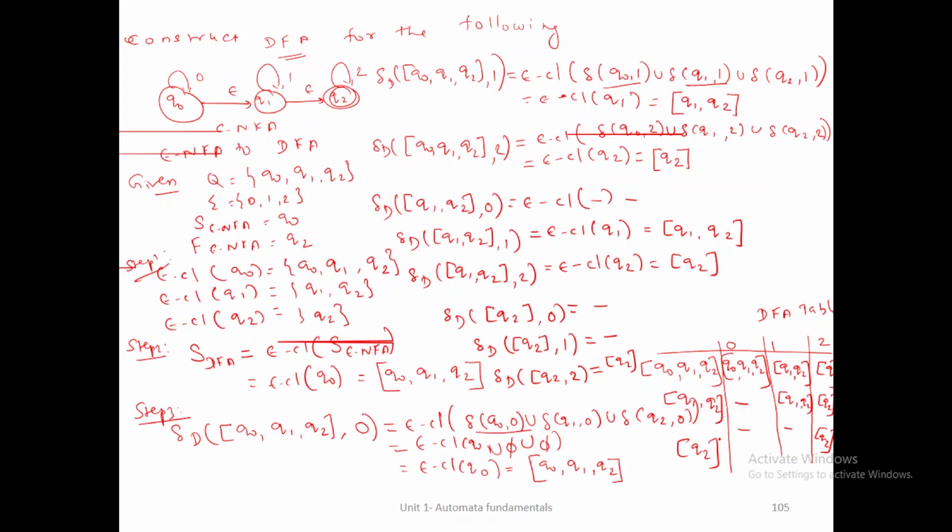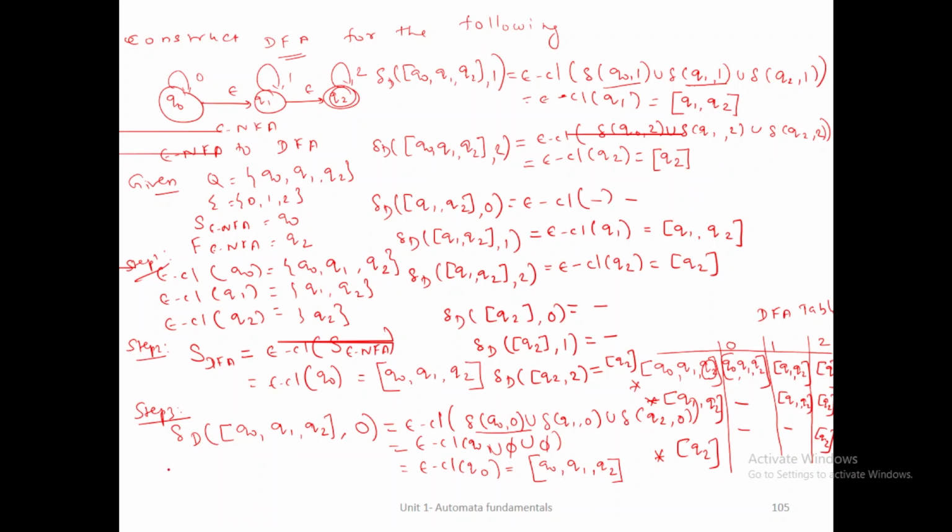Then we should calculate the final states for the DFA. What is the final state of the epsilon NFA? It is Q2. So in these three states, Q2 is available, so these three states will be considered as final states. So I am drawing the diagram. So here I draw the diagram.